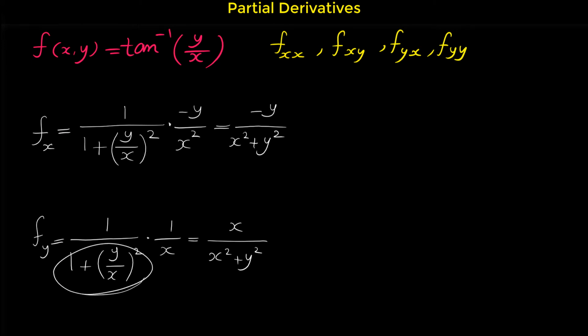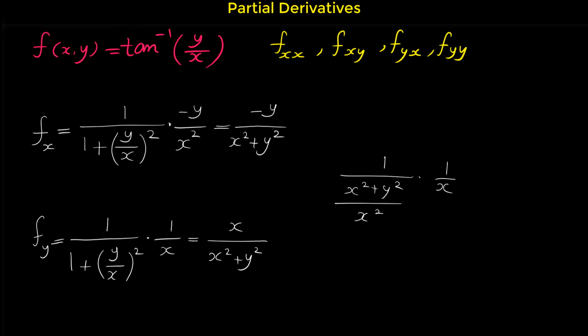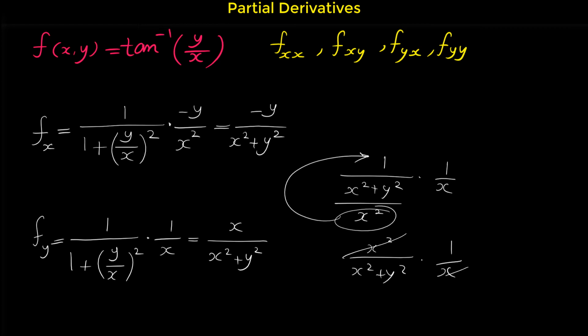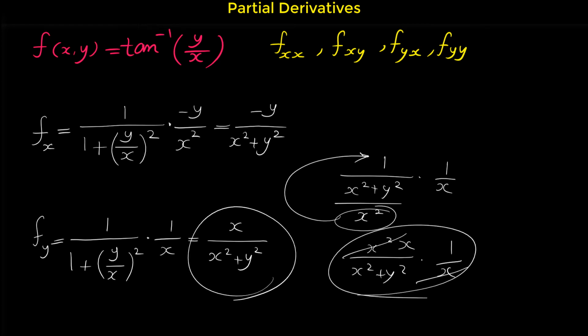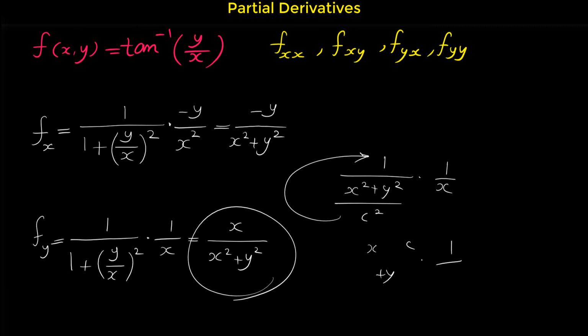Again, if we do a common denominator here, we can write it as x squared plus y squared over x squared times 1 over x. This x squared goes to the top, so we have x squared over x squared plus y squared times 1 over x. If we cancel 1 x from the top with 1 x from bottom, x remains in top, and so this is x over x squared plus y squared. This is how you can simplify the expression.